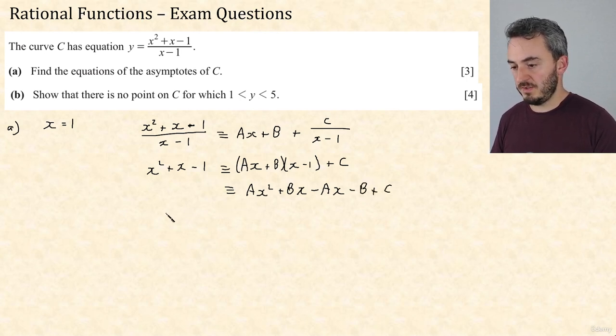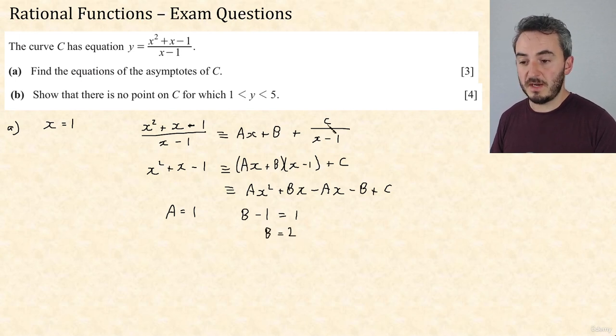So comparing coefficients, x squared must equal 1x squared here, so a is 1. And then I'm also getting b minus a, so that is b minus the 1 I just found, should equal the 1x over here. So b equals 2. Now I actually don't care about c here because it's the ax plus b bit that I care about for my oblique asymptote.